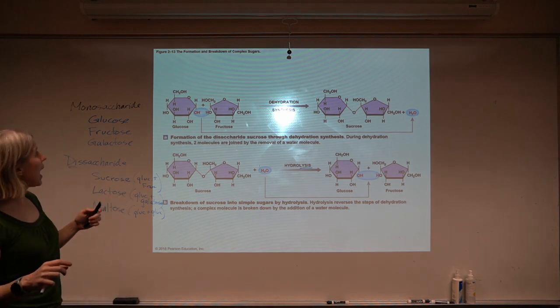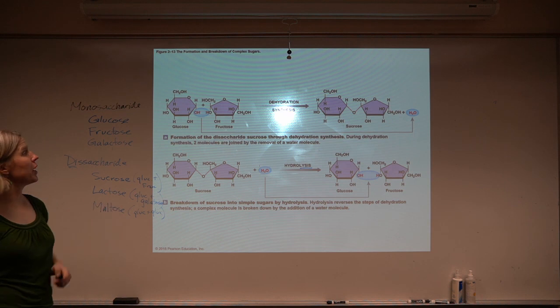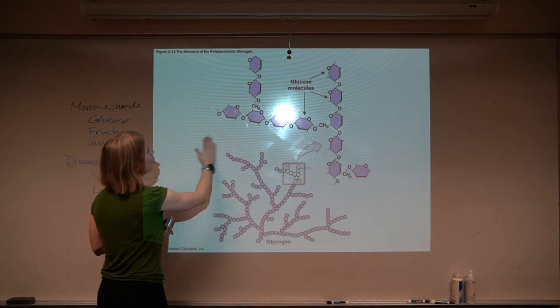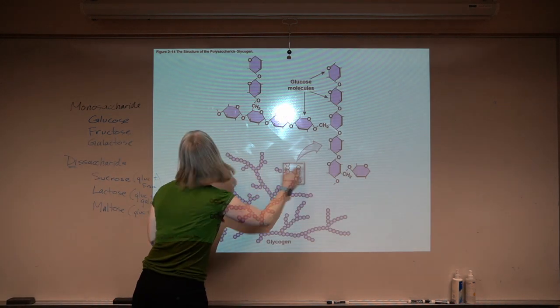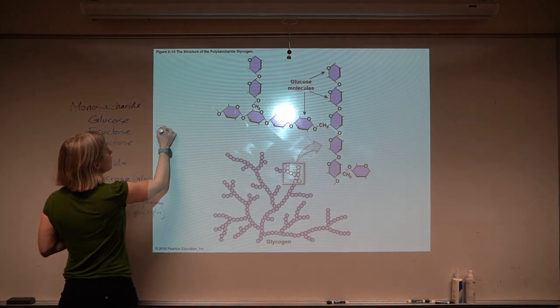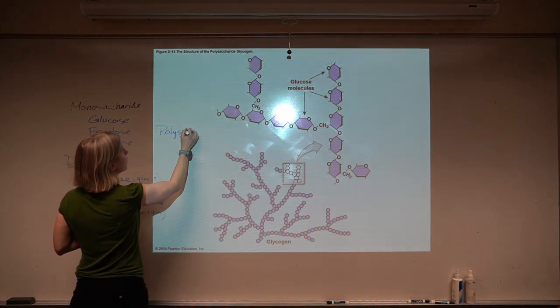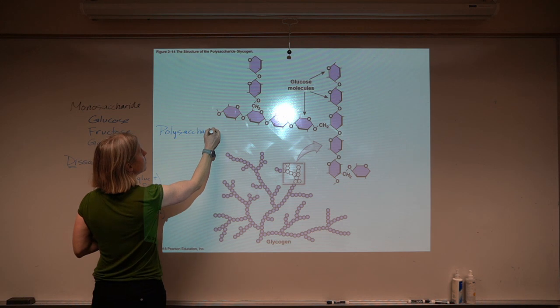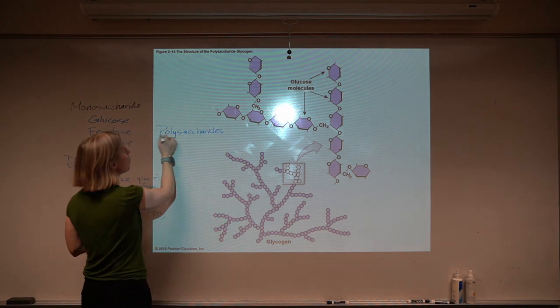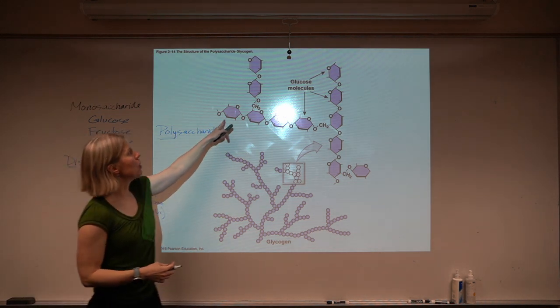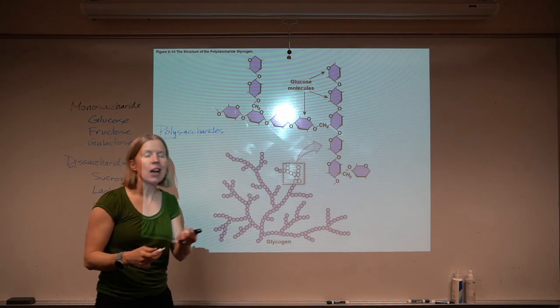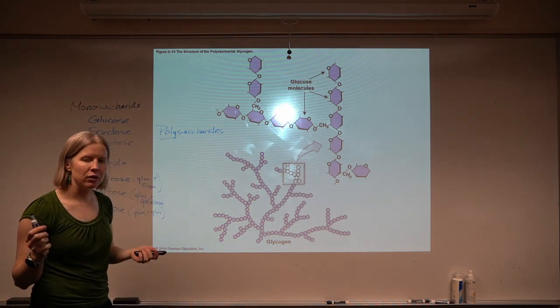Okay, then of course we can actually make much longer chains and we can form some polysaccharides. Right? So poly is going to indicate much longer collections of sugars.